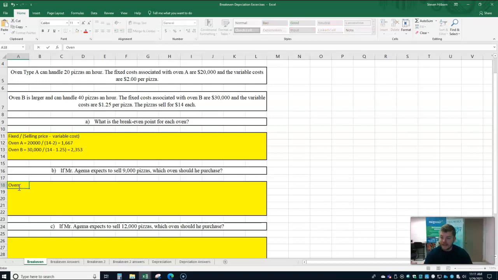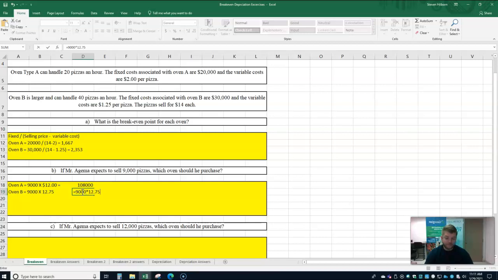If it's oven A, we're going to sell 9,000 pizzas at $12, so 9,000 times $12. Or oven B is 9,000 pizzas times $12.75. It's not a price, but that's our take home after our variable costs.